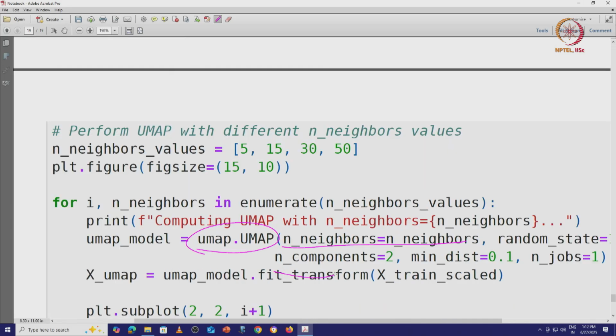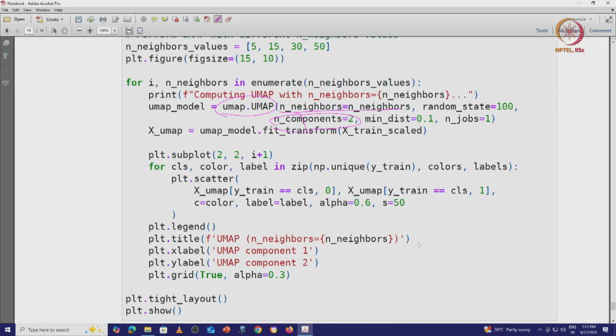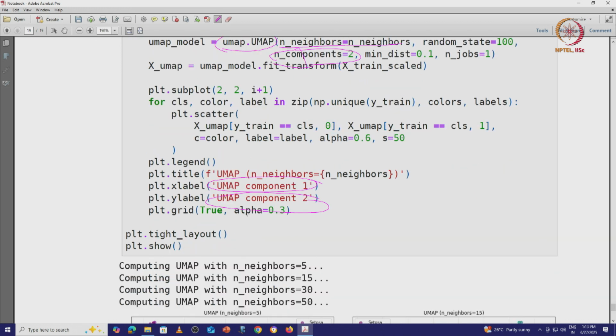Number of components, like I said, just like we did with t-SNE, usually in these non-linear dimensionality reduction approaches you stick to just 2 components because it's easiest to visualize the data. Then you can plot UMAP component 1 on the x axis and UMAP component 2 on the y axis, and let's see what happens when you make this plot.